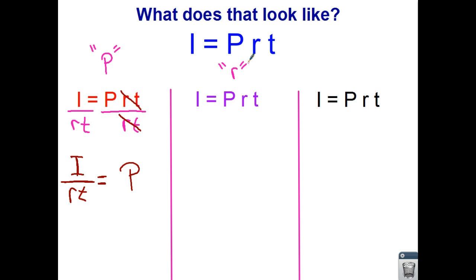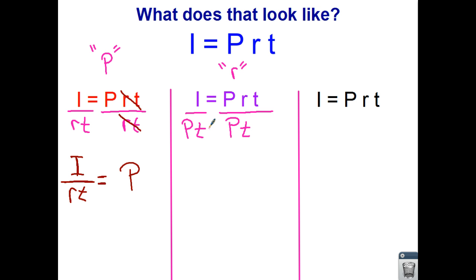Okay, so we are going to do the opposite of multiplying. We divide both sides by the variables that we don't need anymore. We need to get rid of them. So we'll divide by the P multiplied by the T on both sides.